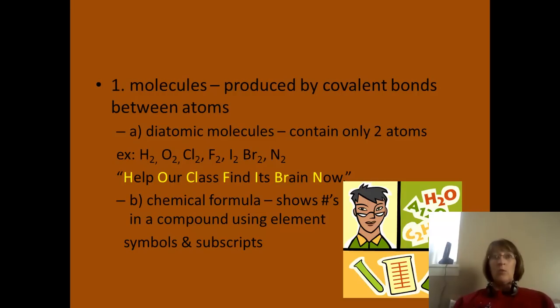It's like girls going to the bathroom at a football game, they never go alone. Hydrogen, oxygen, chlorine, fluorine, bromine, iodine, nitrogen are never by themselves in their pure form. They're always bonded to another of their own kind. So we have hydrogen bonded to another hydrogen atom, oxygen bonded to another oxygen, chlorine bonded to another chlorine, and so on. They're called diatomic, two atoms, diatomic molecules.